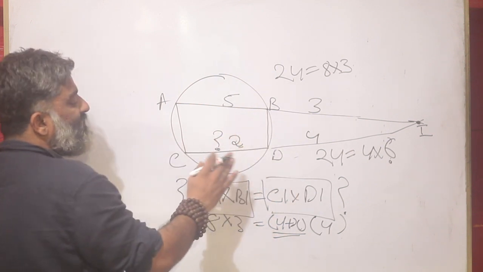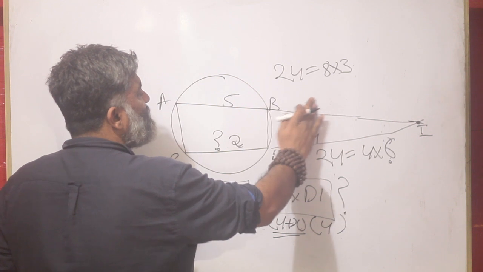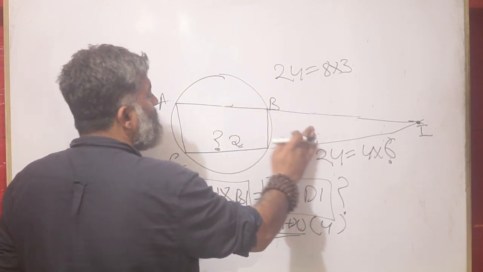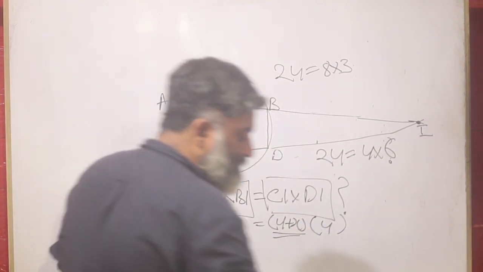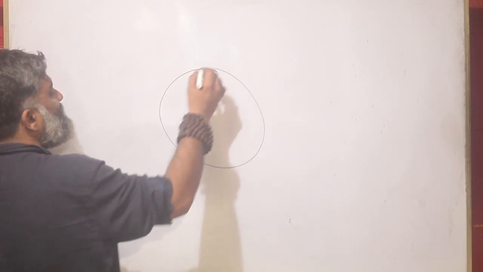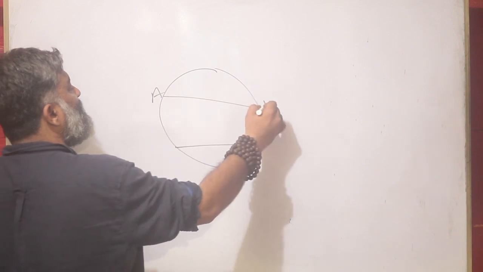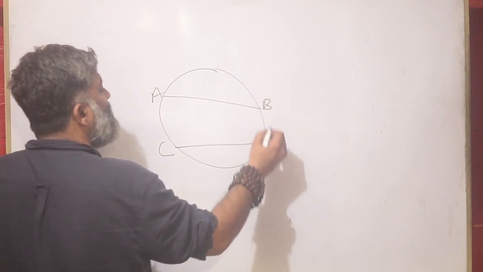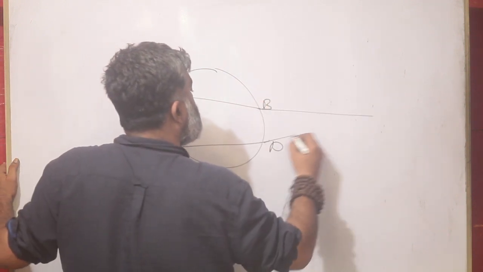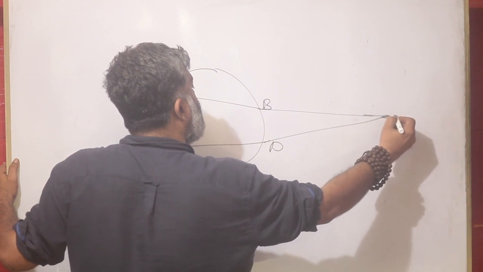So using the same diagram, forget the story of the numbers for a second. So let me draw the diagram once again. Same story, two chords A, B and say C, D, and extended outwards, and they intersect at I.